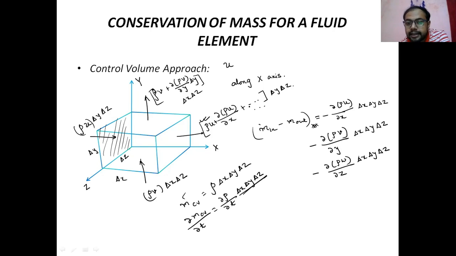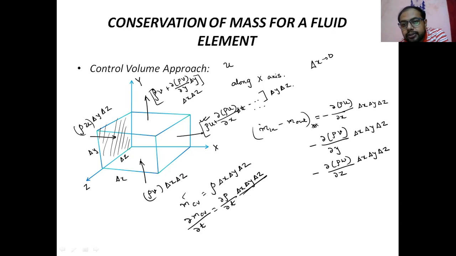You may ask that there are higher order terms, but higher order terms will come in terms of del x squared, del x cubed, but in that case, we try to make this control volume as small as possible, as minimum as possible.